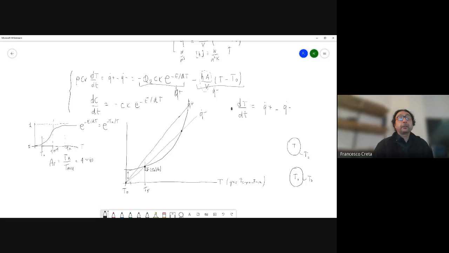Well, think about it. You perturb this point here a little bit to the left and a little bit to the right. Suppose that we perturb it a little bit to the right, so we increase the temperature above TF. As you can see, Q minus on the right will be a little bit larger than Q plus.